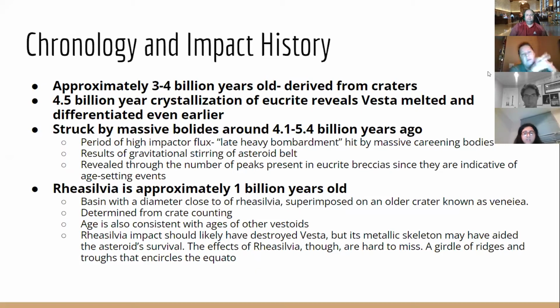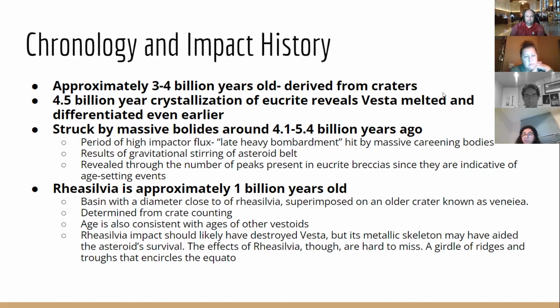So the chronology and impact history regarding this one is that it's approximately 3 to 4 billion years old, and we just know this from observing the craters. And then the 4.5 billion year crystallization of eucrite reveals that Vesta probably melted and differentiated even earlier than that. Around 4.1 to 5.4 billion years ago, we can predict that it was probably struck by massive bolides.